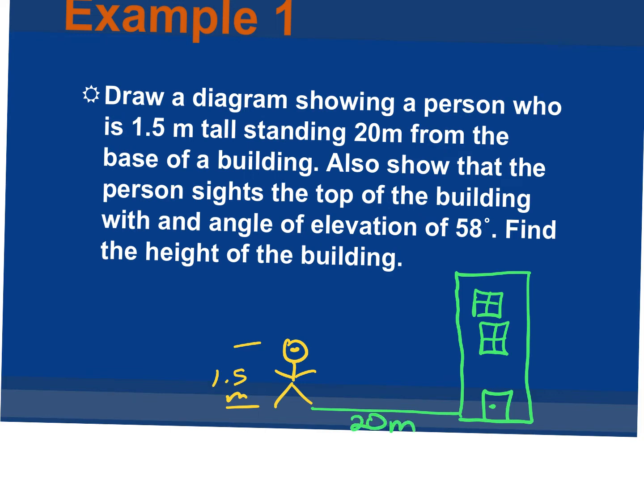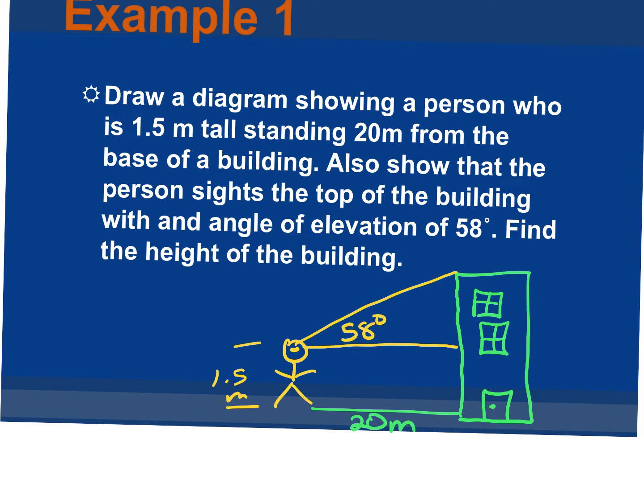And then it says, also show that the person sights the top of the building with an angle of elevation of 58 degrees. Now, normally, your angle of elevation is created from the ground up. But because it's telling us that it's coming from this person's line of sight, then the angle that's created is here.